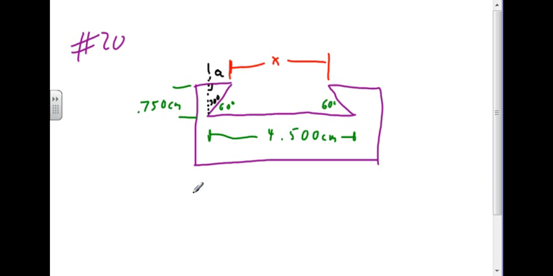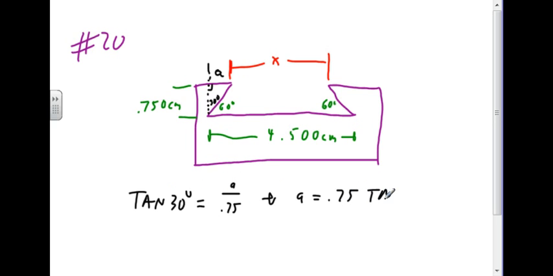And the tangent of 30 is going to be A over 0.75, implying that A is 0.75 tangent 30. And we know tangent 30 is square root of 3 over 3, right?